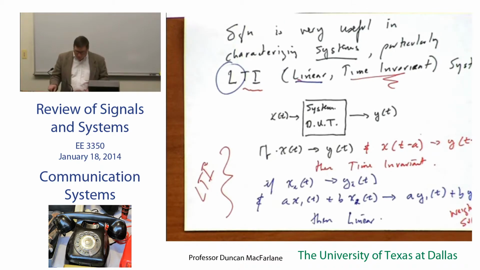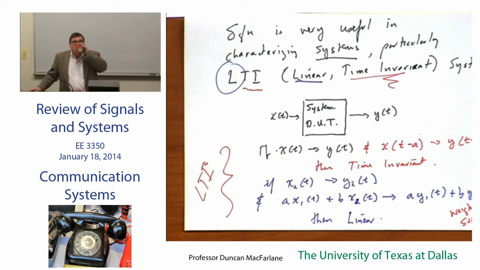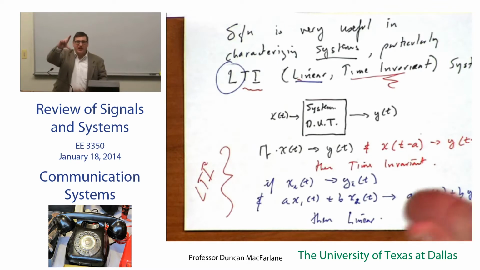Okay. Anyway, so time invariance. That's a time invariance problem. What about linearity? How do you test for linearity? As you said, you utilize different signals, and you scale them.